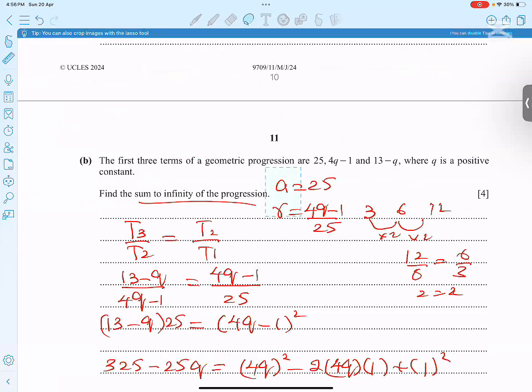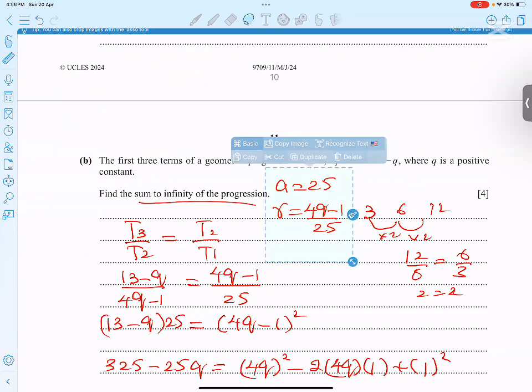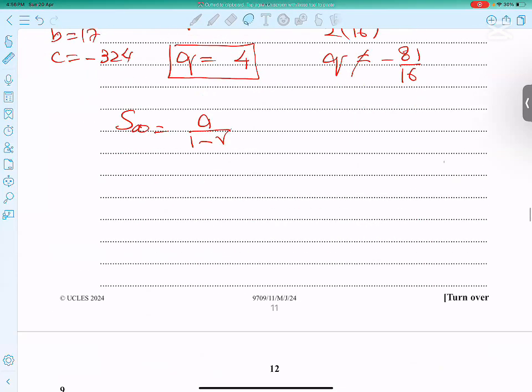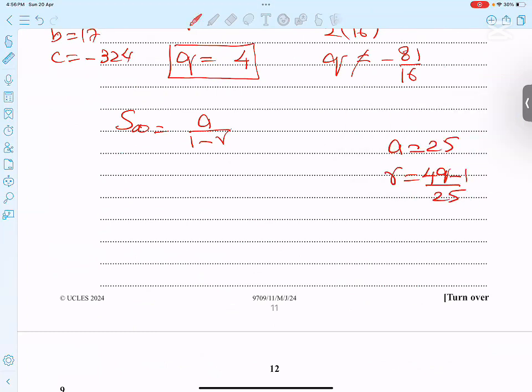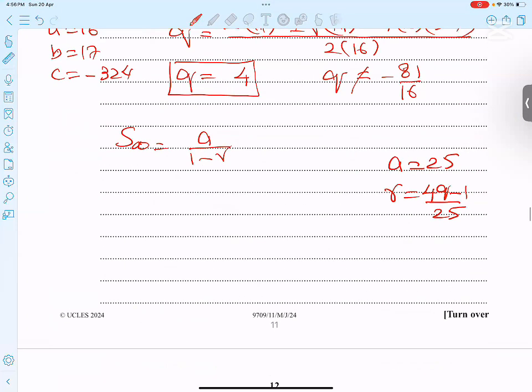So this data, I bring it down, and this data I need to utilize here. So first of all, I'm going to plug in this q value there. So 4 4s are 16, 16 minus 1 is 15, 15 by 25. So 5 3s are 15 and 5 5s are 25.